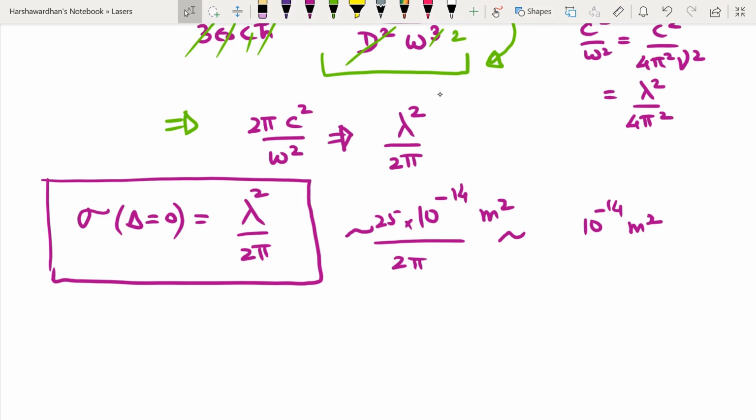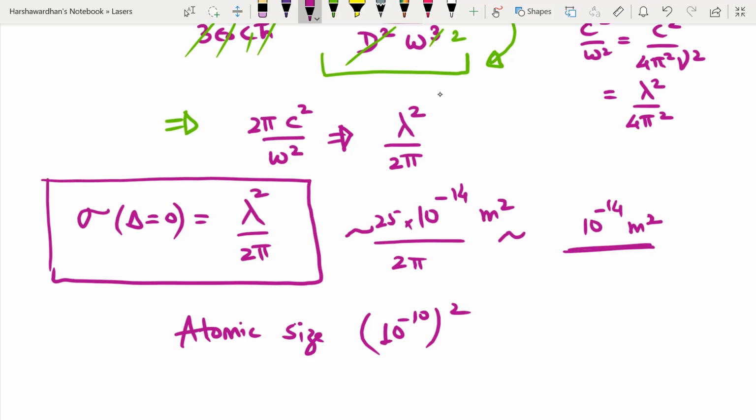This is the area associated with the interaction between the light and the atom, whereas the atomic area per se is about 1 angstrom square, right? This is my atomic size. So this is 10 power minus 20.